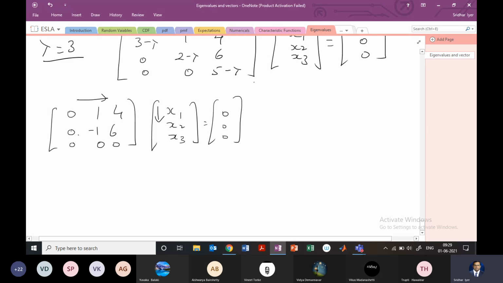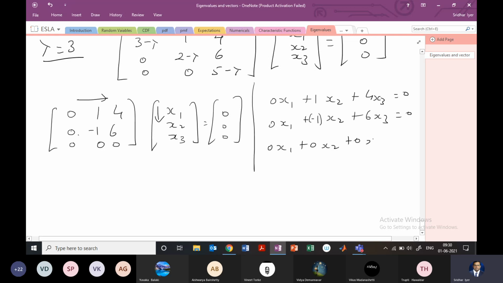You'll get 0x1 plus 1x2 plus 4x3 equal to 0. Next equation is 0x1 plus minus 1x2 plus 6x3 equal to 0. And the last equation is 0x1 plus 0x2 plus 2x3 equal to 0.